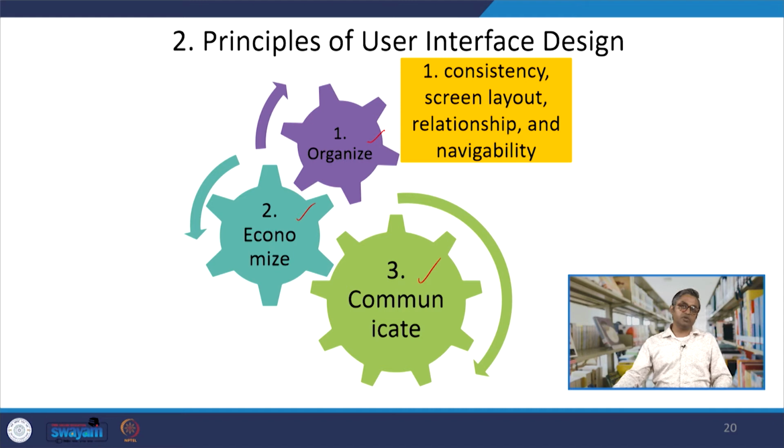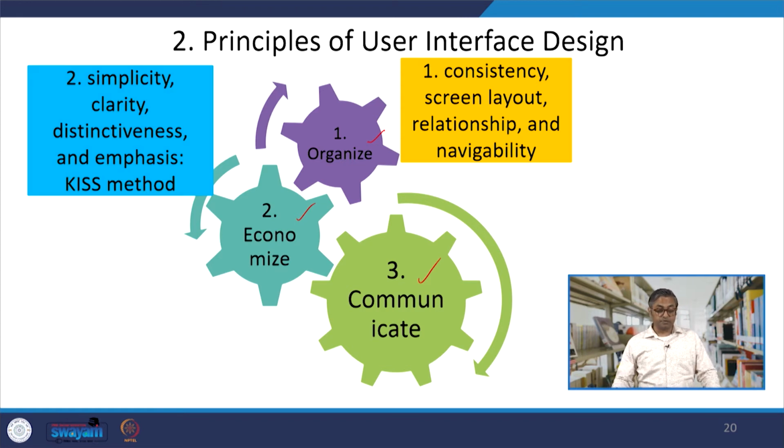Let us start with organize. We will briefly talk about these components and then in detail we are going to learn about them. Consistency is a part of organize, along with screen layout, relationship, and navigation.